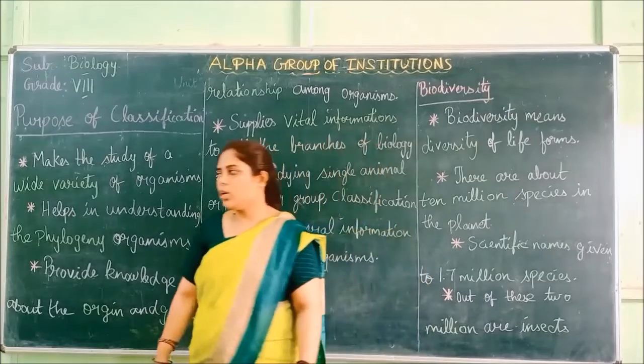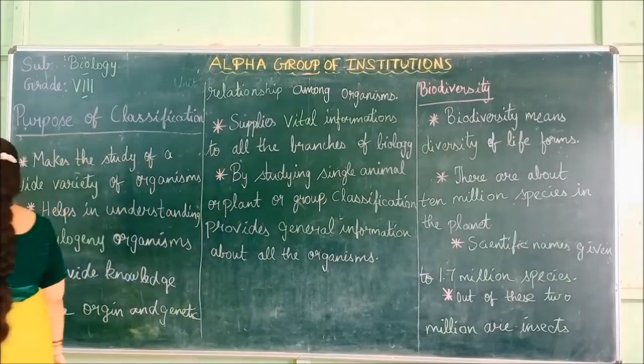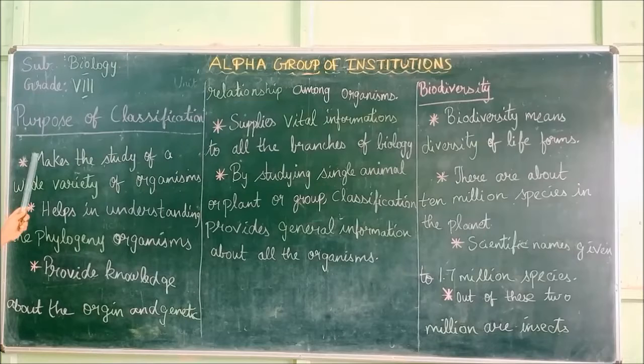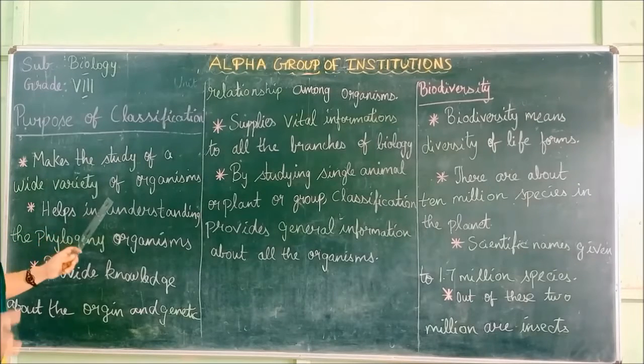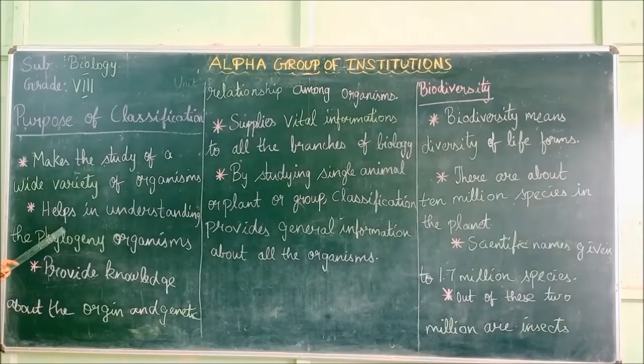And now I will give you a short recap from the first. On this board we saw the purpose of classification, that is it makes the study of a wide variety of organisms possible. Using classification we can learn many varieties of organisms, and it helps in understanding the phylogeny, that is how the organism has evolved, what the evolutionary history of the organism is.